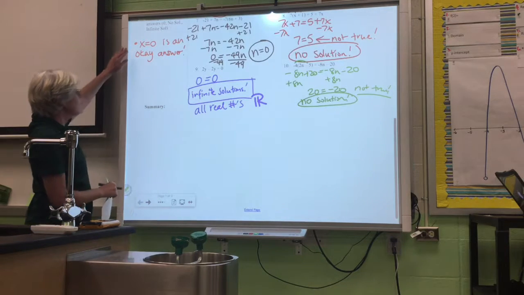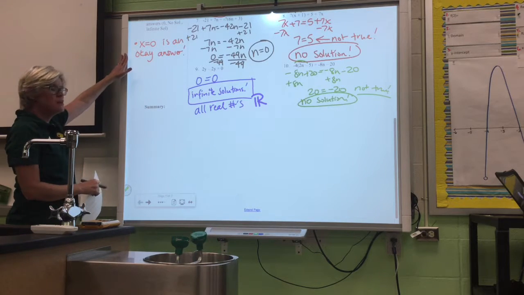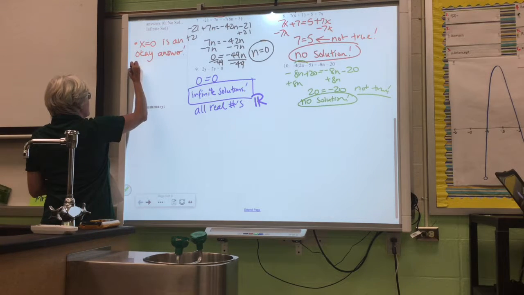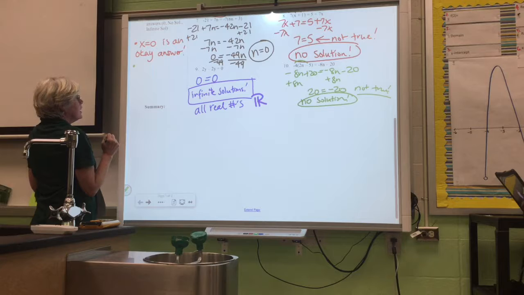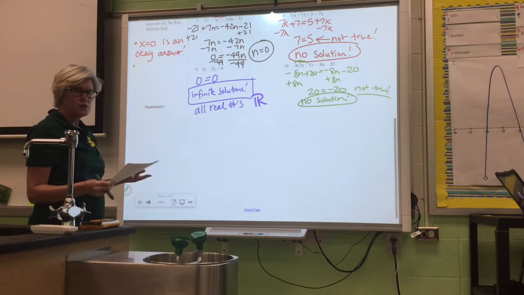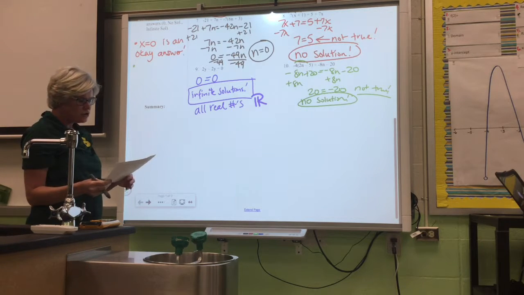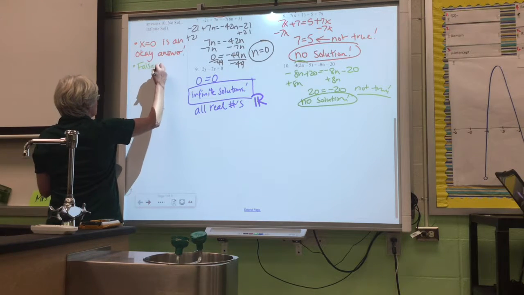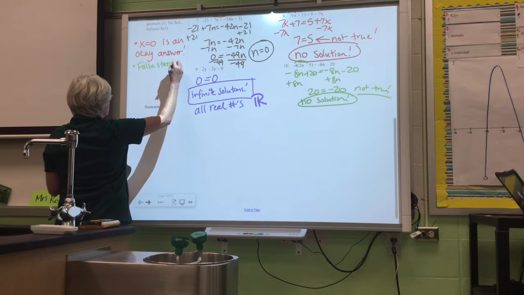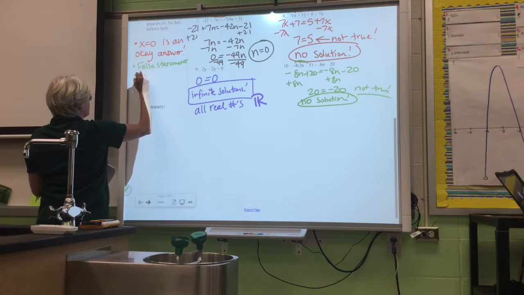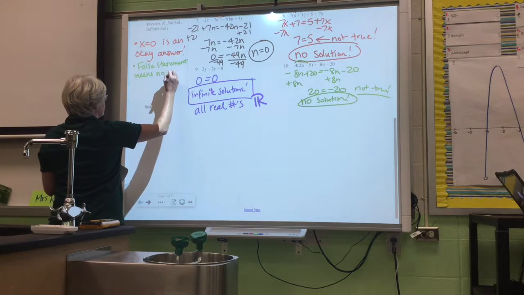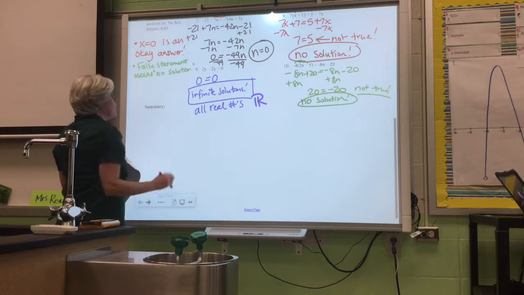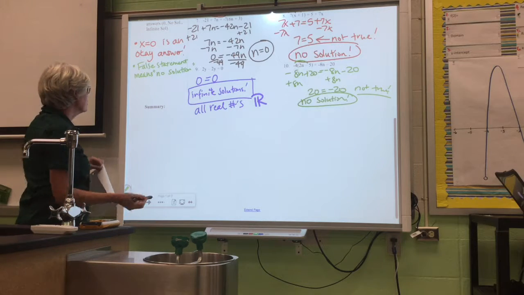Over in the margin, we started to write a couple things. We said x equals 0 is an okay answer. That's true. We might also say that if you end up with a false statement, if you end up with something that's completely false at the end, that means no solution.